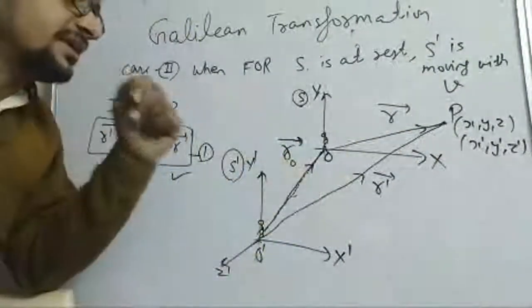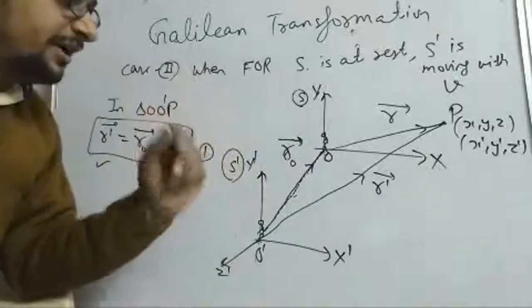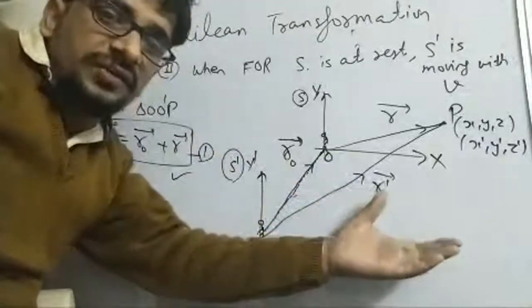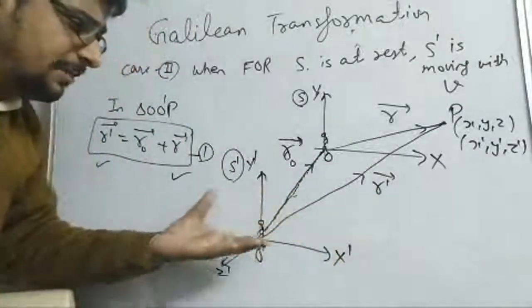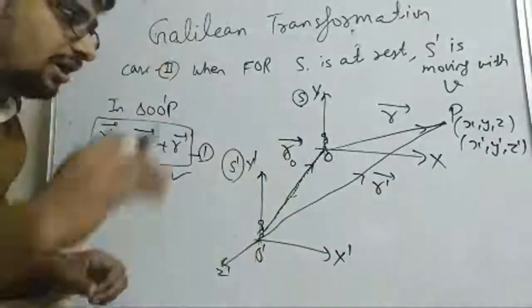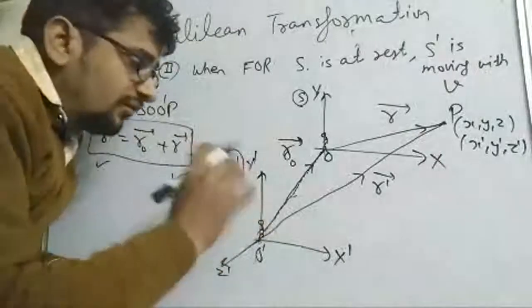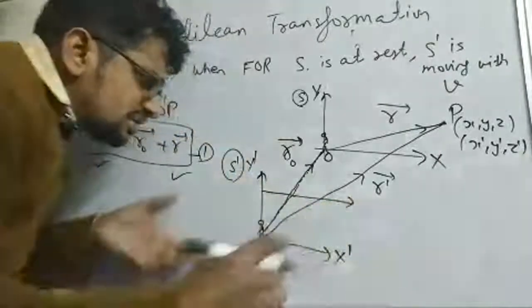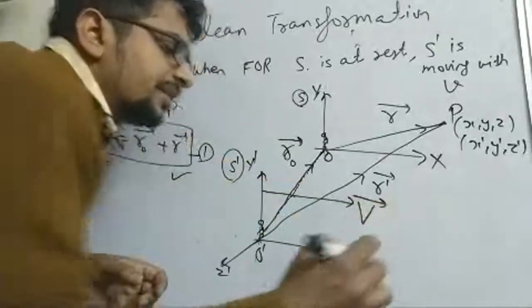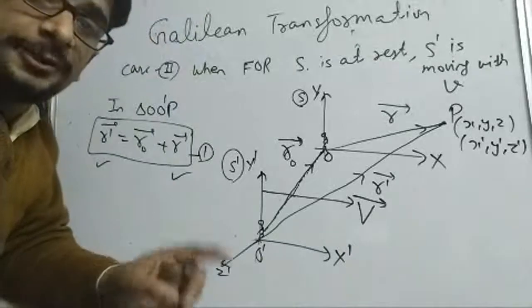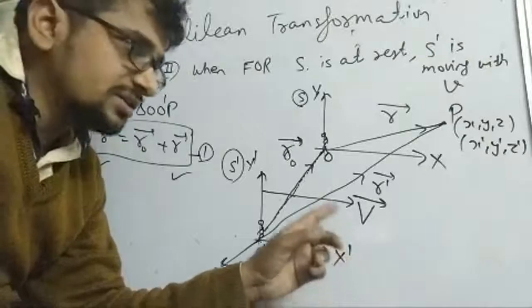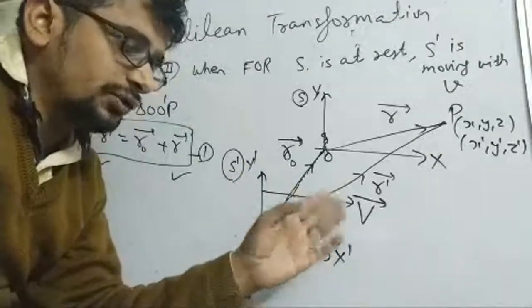Now, in this case, you can consider that this whole system is moving with a constant velocity V vector in any direction, maybe along the x dash, maybe along the y dash, and maybe along the z dash. So theoretically we represent that this whole system is moving with constant velocity, which is written by V vector, and please use this velocity in capital letter, because I will explain the reason during the numericals.